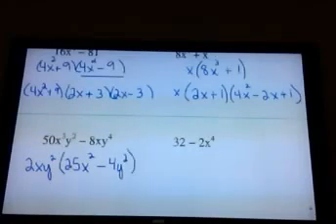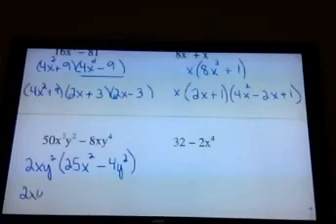Then I look at what's left. Do I have squares or cubes? My powers are even. They are not divisible by 3, so these are going to be squares. Check them all. 25 is a square, x squared is a square, 4 is a square, y squared is a square.